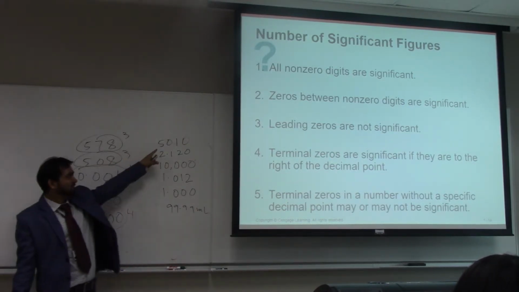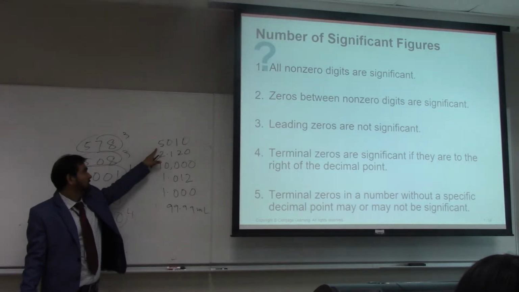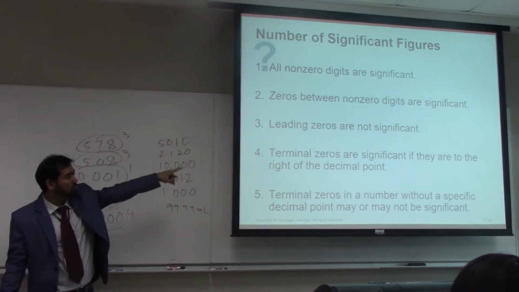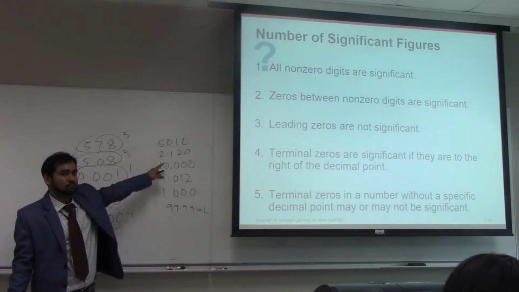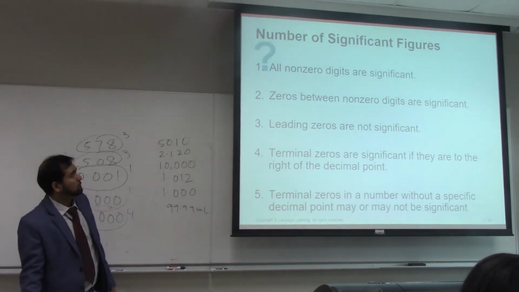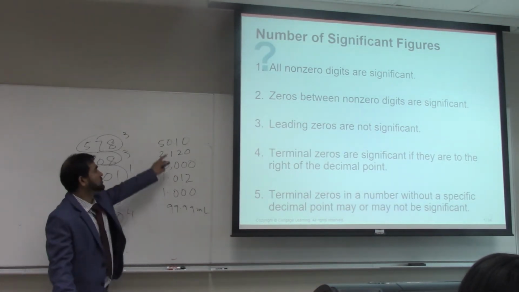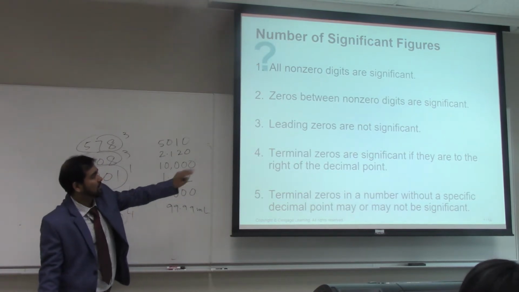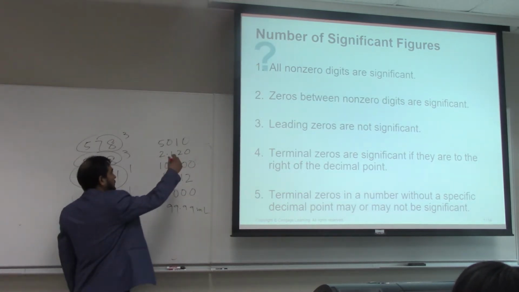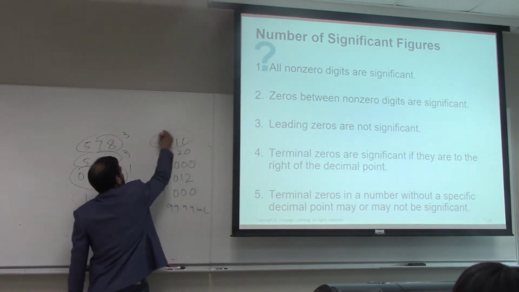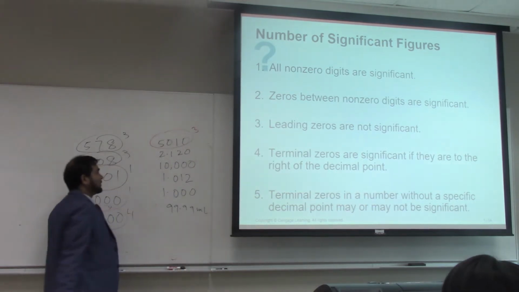Okay, first one. 3 sig figures. Which rules apply? 1, 2, 3, 4, 5. Rules 2 and 4, right? 2 and 4. So it has 3 sig figures. Who can tell me why?